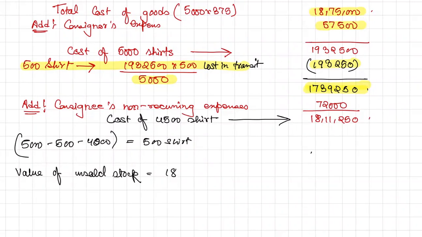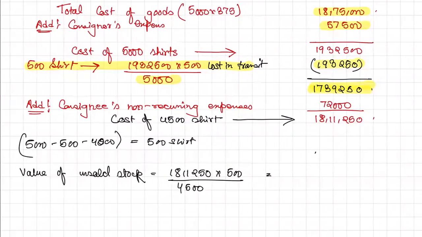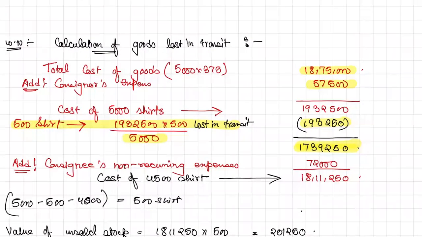So it will be 18,11,250 into 500 divided by 4,500. कितना आ रहा बता दीजिए? As simple as that. 2,01,250. Now this is my closing stock, and this is my goods lost in transit.